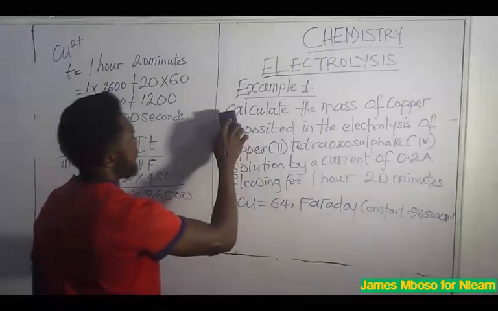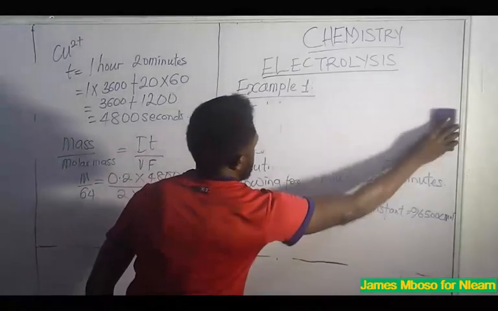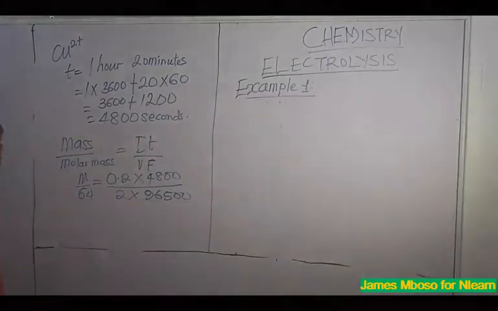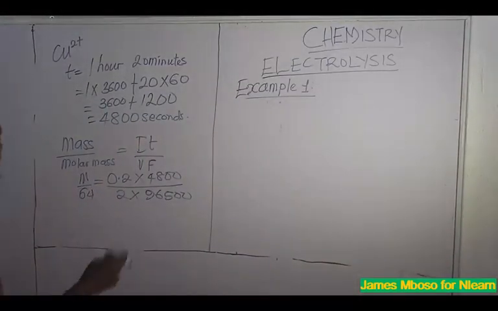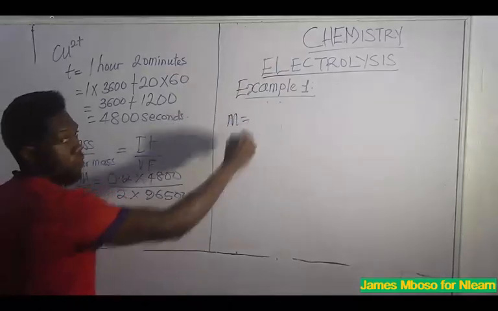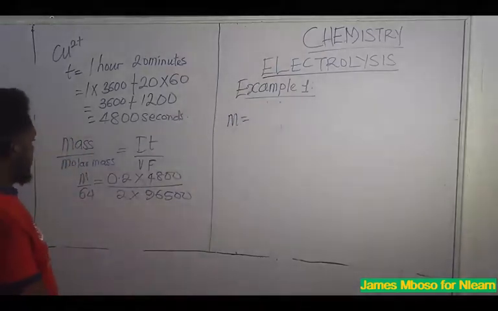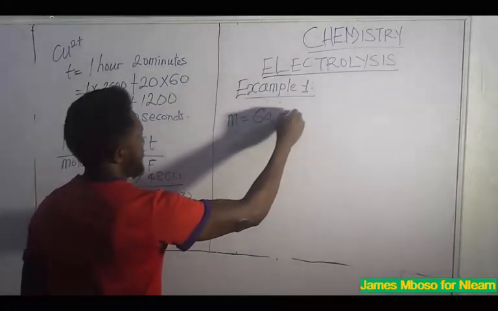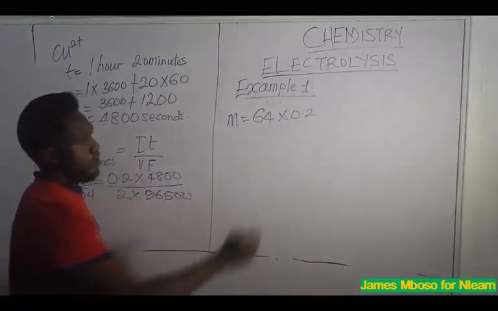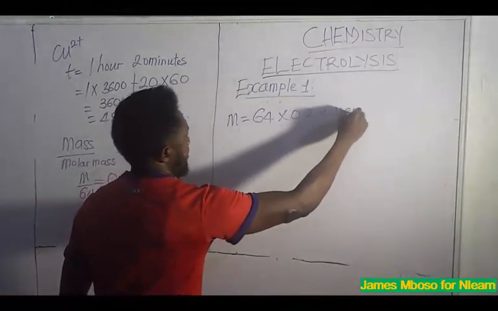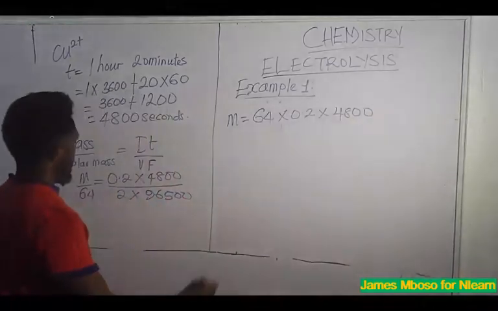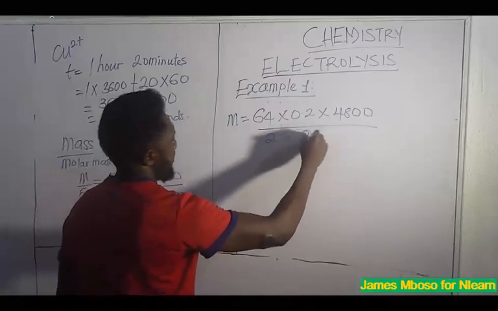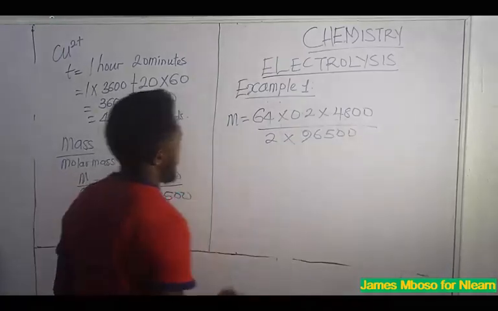We cross multiply from this particular place. We have M equals 64 times 0.2 times 4800 to be divided by 2 times 96500.